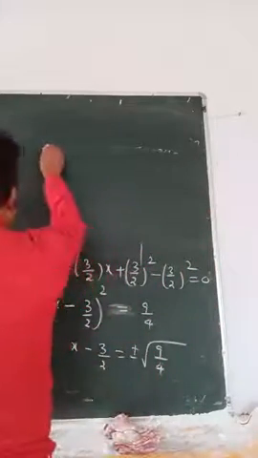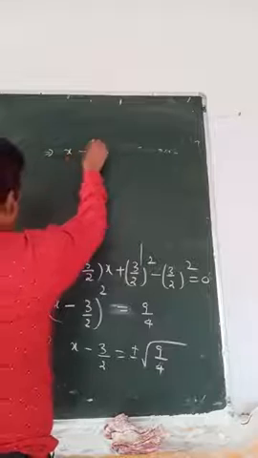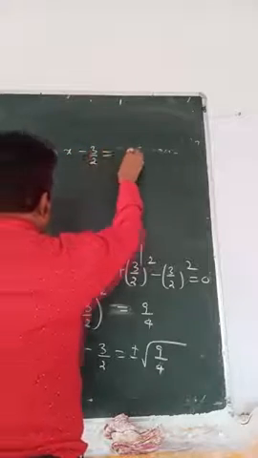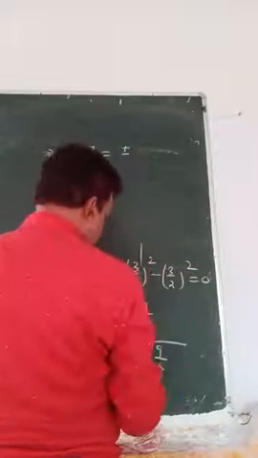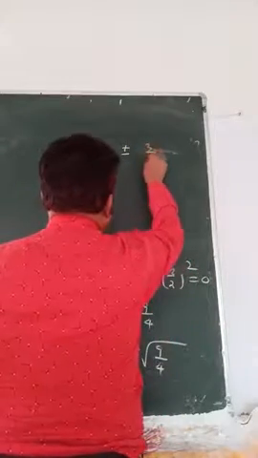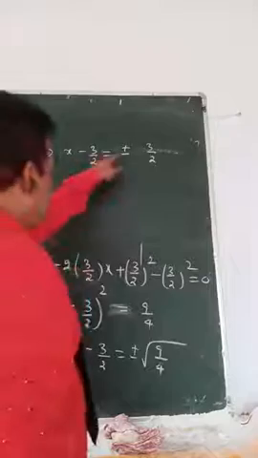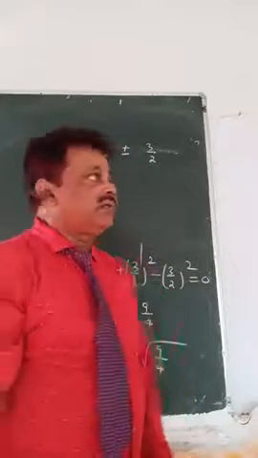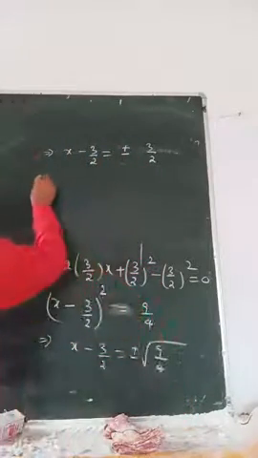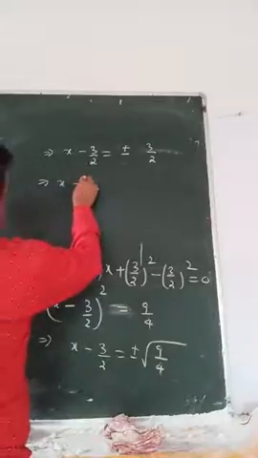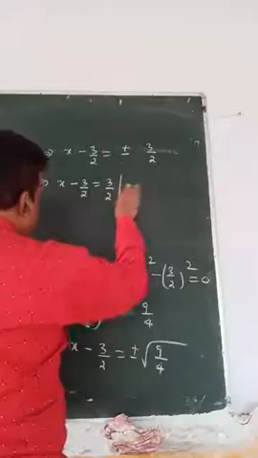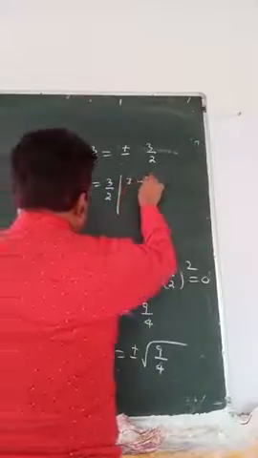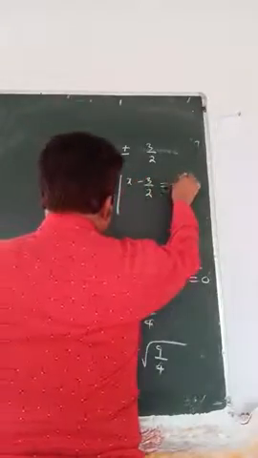This implies x minus 3 by 2 equals plus or minus 3 by 2, since root of 9 by 4 is 3 by 2. So plus or minus means we will get two values: x minus 3 by 2 equals plus 3 by 2, and x minus 3 by 2 equals minus 3 by 2.